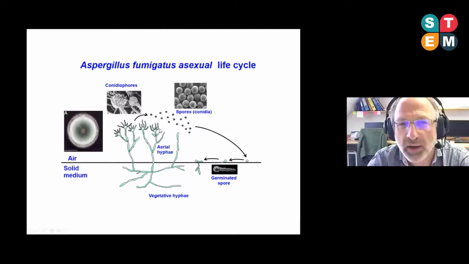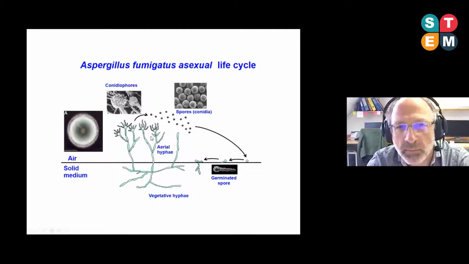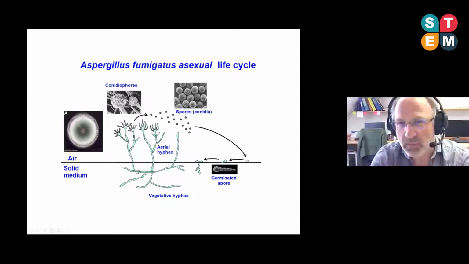At the aerial phase, the mycelium may produce a specific organelle we call the conidiophore, and on the conidiophore there is the production of spores, also called conidia. These spores are dispersed in the air to colonize a new environment. That is the life cycle of Aspergillus fumigatus.